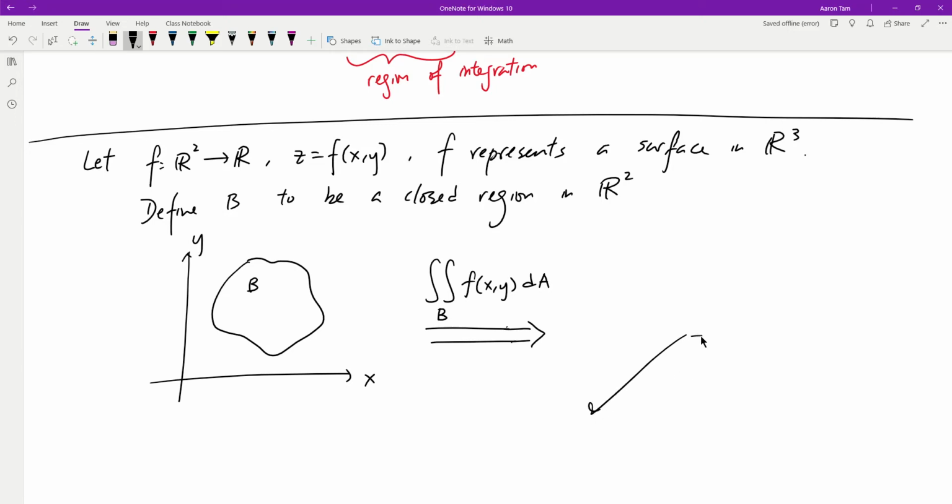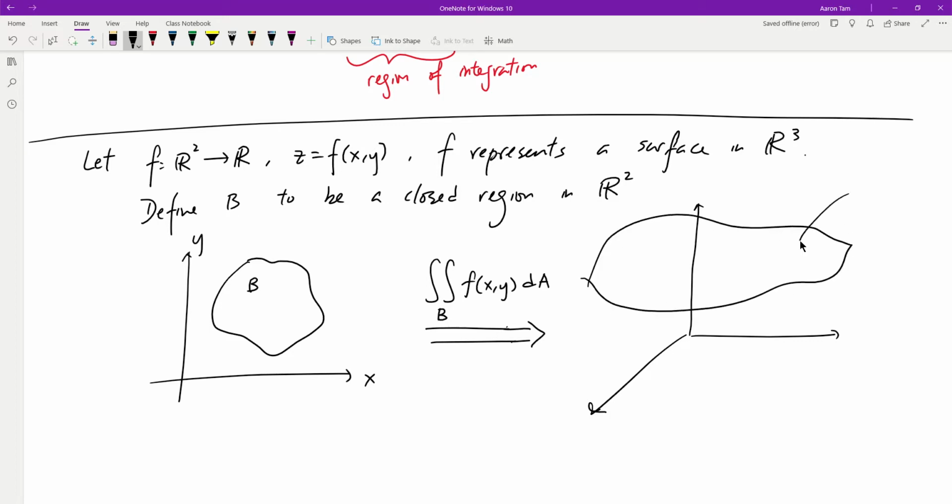What that means is that we take the surface of the function f, focus on this region B on the bottom, and create some kind of column inside these solids.